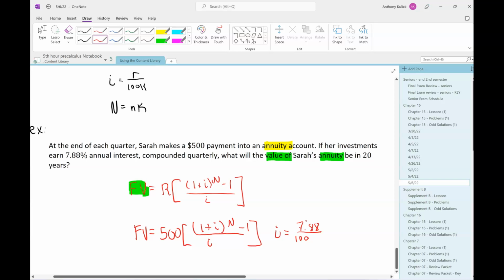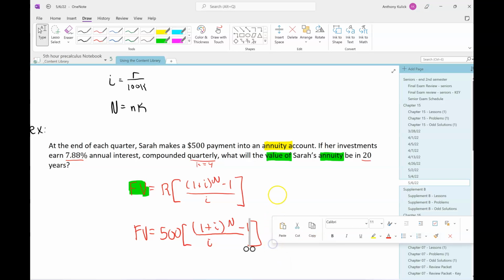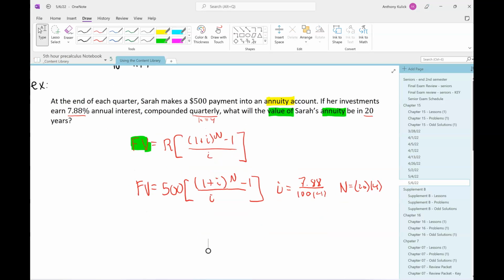What's the k in this case? So 4. And then cap N is going to be little n times k. Everybody feel okay with that?